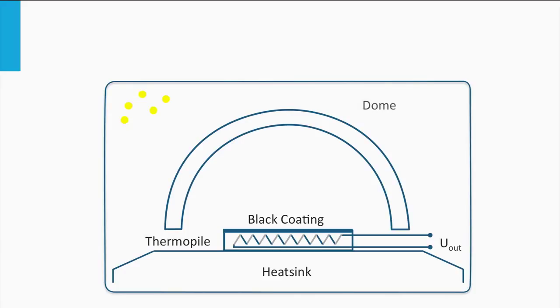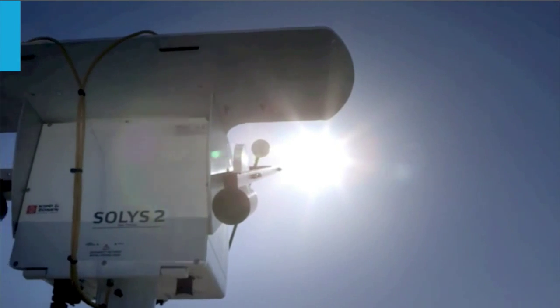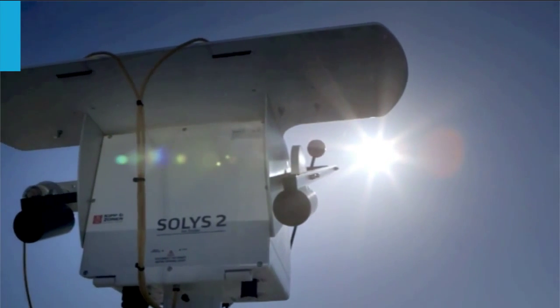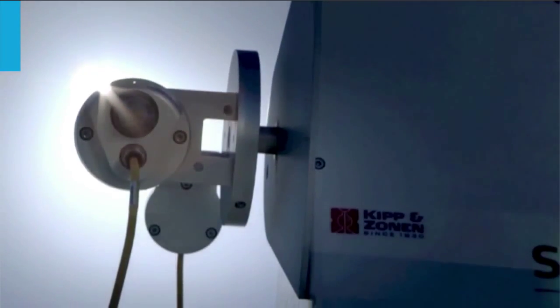The special hemispherical glass dome has the function of spectral filter. It limits the spectral response from 300 to 2800 nanometers, cutting off the part above 2800 nanometers while preserving the 180-degree field of view. Direct radiation from the sun is measured using a pyrheliometer.